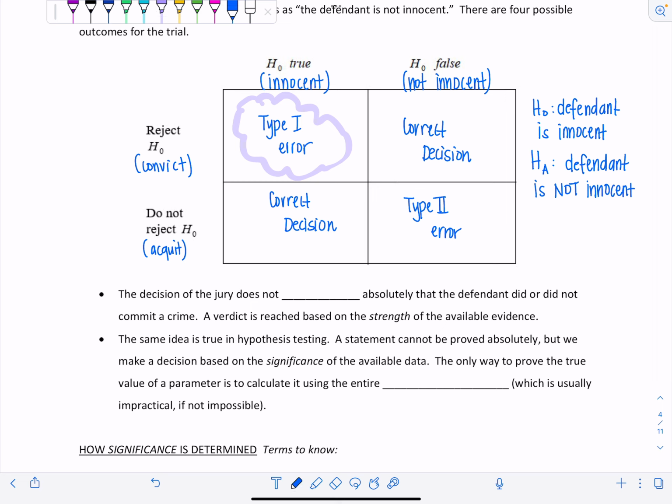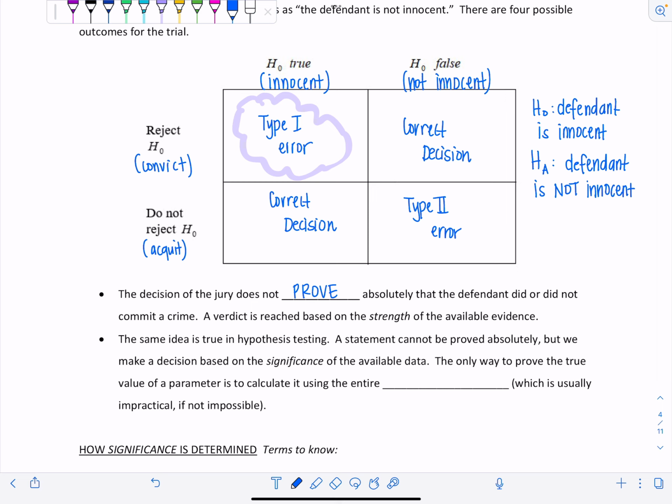The decision of the jury does not prove absolutely that the defendant did or did not commit a crime, right? Just because the jury says something, that's not definitive proof. A verdict is based on the strength of the available evidence. So all they can do is hear testimony, look at the evidence that's presented, and based on the strength of that, they make a decision. And the same idea is true in hypothesis testing.